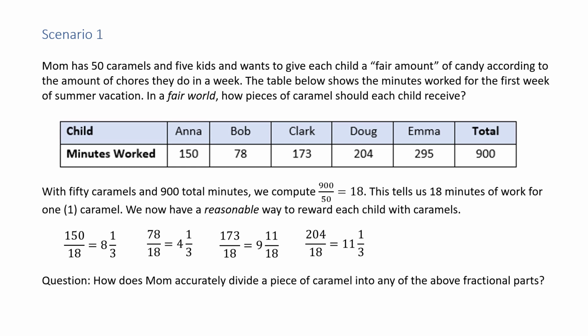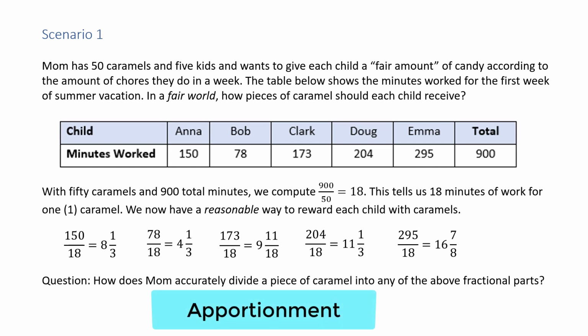And finally, with Emma working a whopping 295 minutes, divide that by 18, and she has earned 16 7/8 pieces of caramel. The question is, how does Mom accurately divide a piece of caramel into any of the above fractional parts? That's probably not possible, so we need to look at maybe something called apportionment.